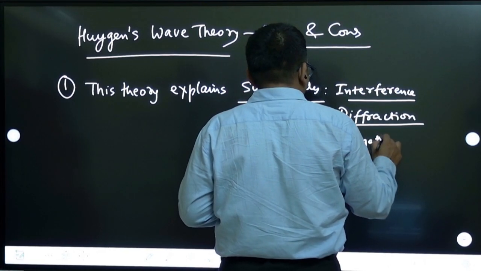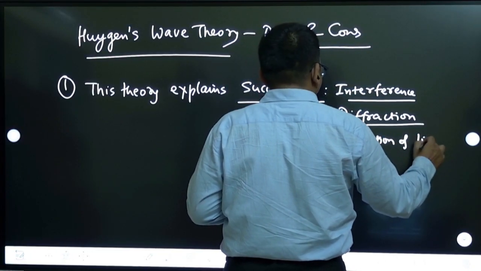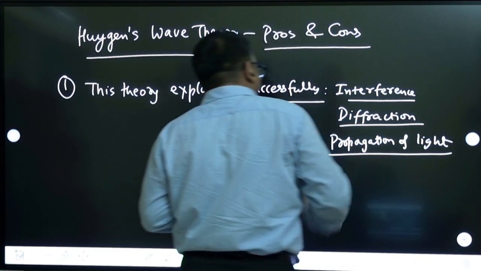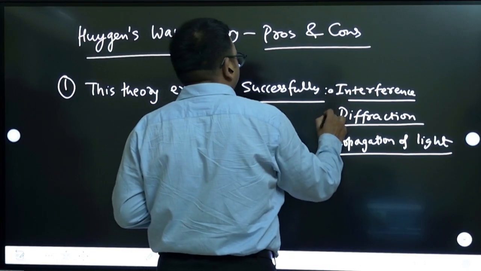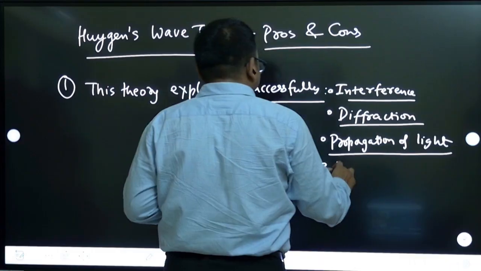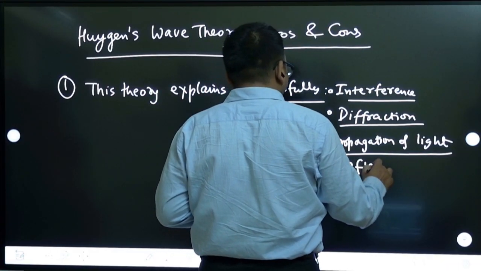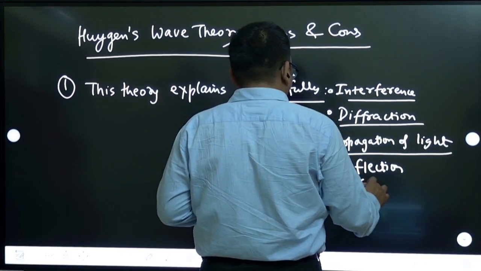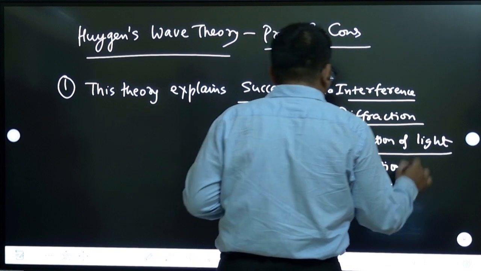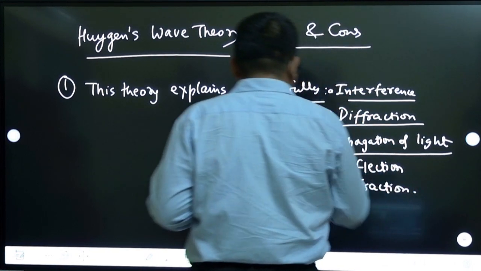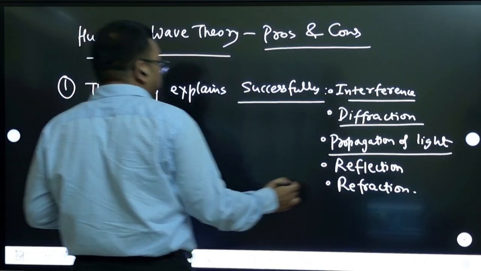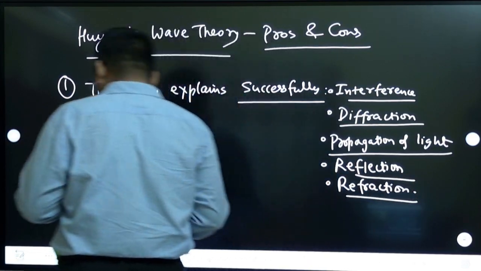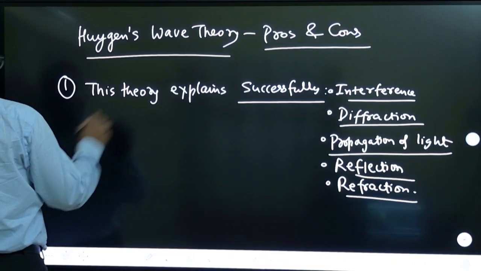All these phenomena can be explained. Reflection, refraction also can be explained. All these phenomena was explained by this theory. So this theory was highly successful model. Okay, this is the pros.